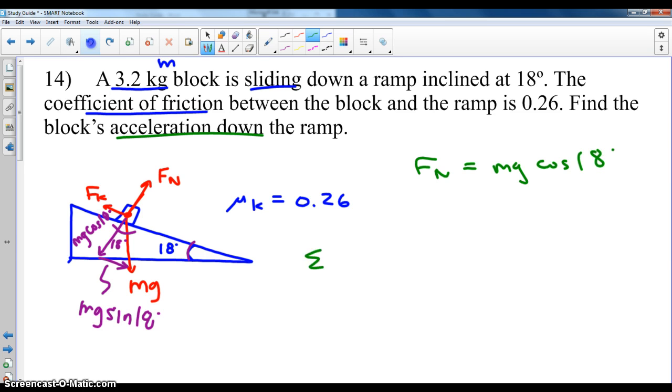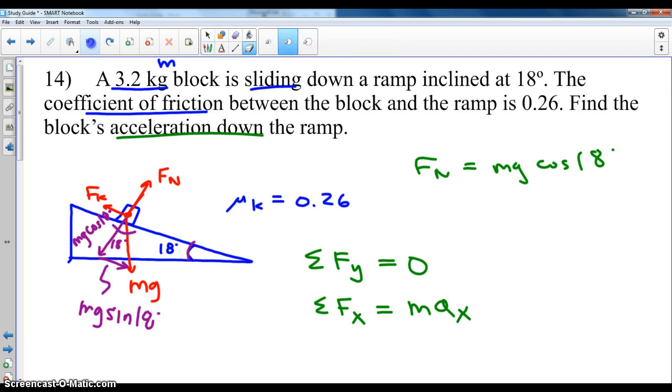Now here's the thing, right? We just said the total y force is 0 because there's no acceleration off the ramp. So the total x force is where we have acceleration. We can apply Newton's second law only to the x direction.